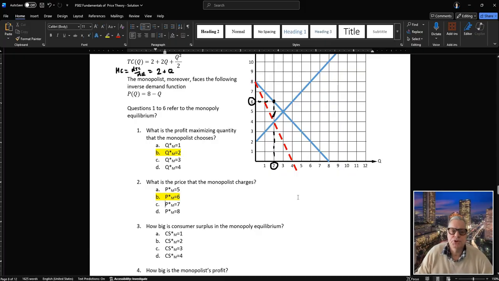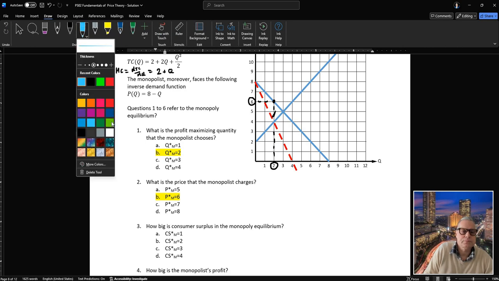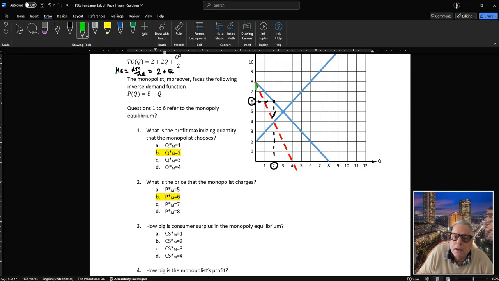So how big is consumer surplus? Well, consumer surplus is that triangle here on top, which is 2 times 2 over 2, which is 2.